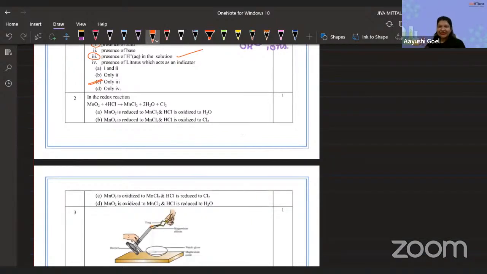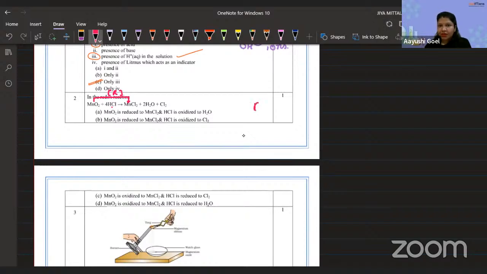So in the second case, what do we have here? We have MnO2 plus HCl reacting to give MnCl2 plus H2O plus Cl2. In this case, I can see the reduction is occurring in the case of manganese and oxidation is occurring in the case of chlorine.